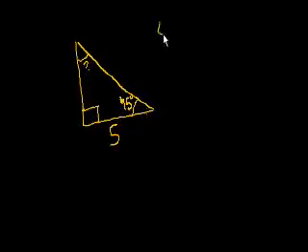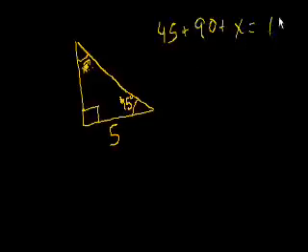So we say 45, let's call this angle x. Okay. 45 plus 90, this just symbolizes this is a 90 degree angle, plus x is equal to 180 degrees. And that's because the angles in a triangle always add up to 180 degrees.